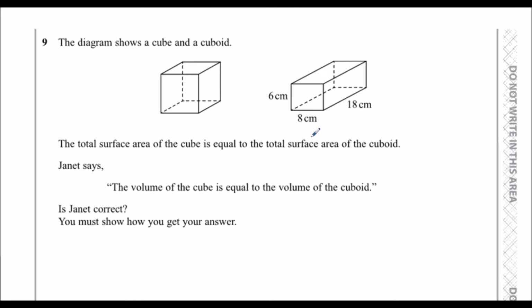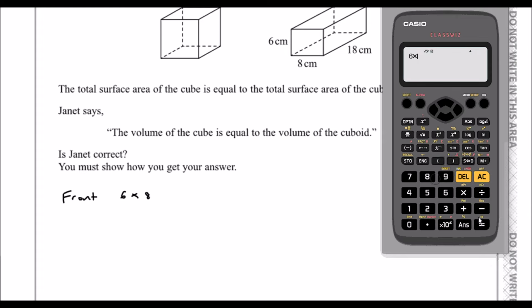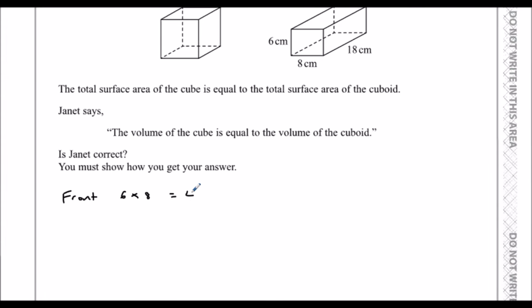So the first step, surface area of the cuboid. So the surface area is the area of every surface added together. So the front, the back, the top, the bottom, and the side and the other side. So for the front, we've got 6 times 8. And 6 times 8 is 48 centimeters squared. The back is exactly the same as the front.